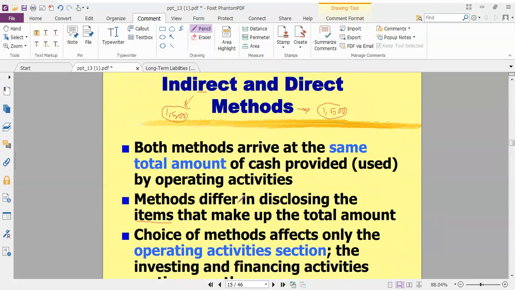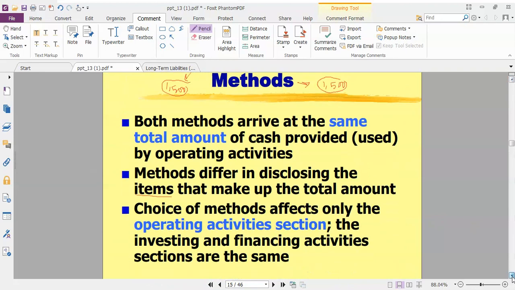Okay, then the choice of methods affects only the operating activity section. Okay, the investing and financing activity sections are the same. So in the CFS, statement of cash flow, sama saja. Okay. So the difference between them is just in the operating activities only.